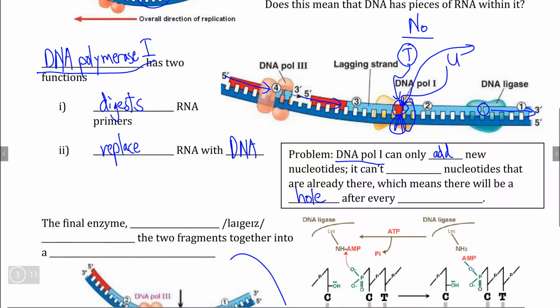And as a consequence of this, it cannot actually connect nucleotides that are already present, meaning this nucleotide, the 3' end of one Okazaki fragment, cannot be connected with the 5' end of the next Okazaki fragment, resulting in this hole between every one of the Okazaki fragments on the lagging strand.